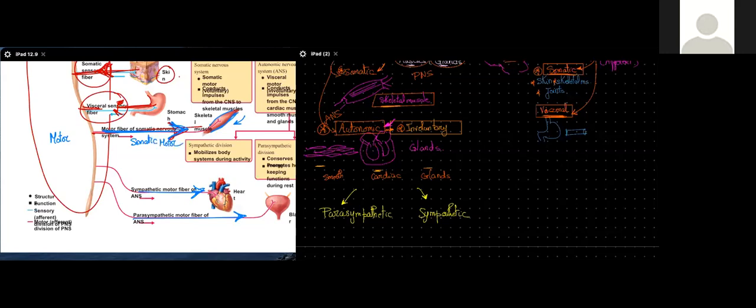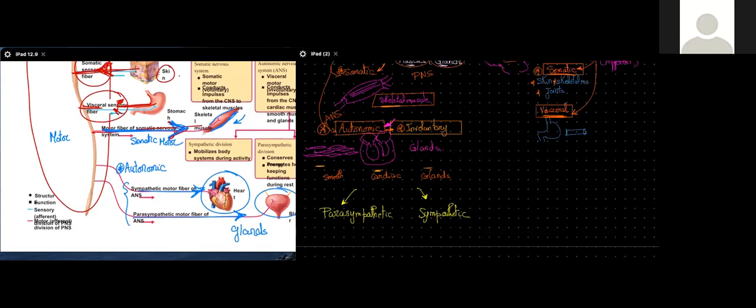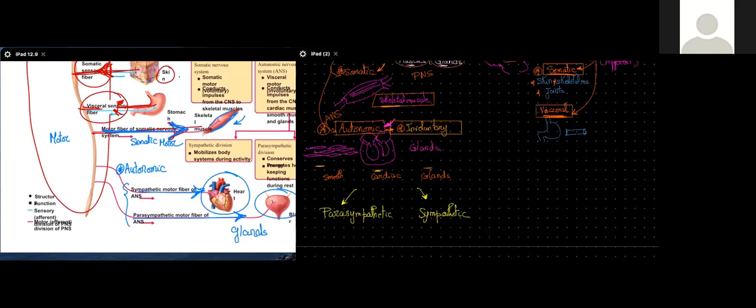If you're sending the signals to cardiac muscles, smooth muscles, or glands, this is going to be the autonomic nervous system division. And as you don't have control on the autonomic nervous system, you're going to have two subdivisions of the autonomic nervous system to regulate the responses of those organs.